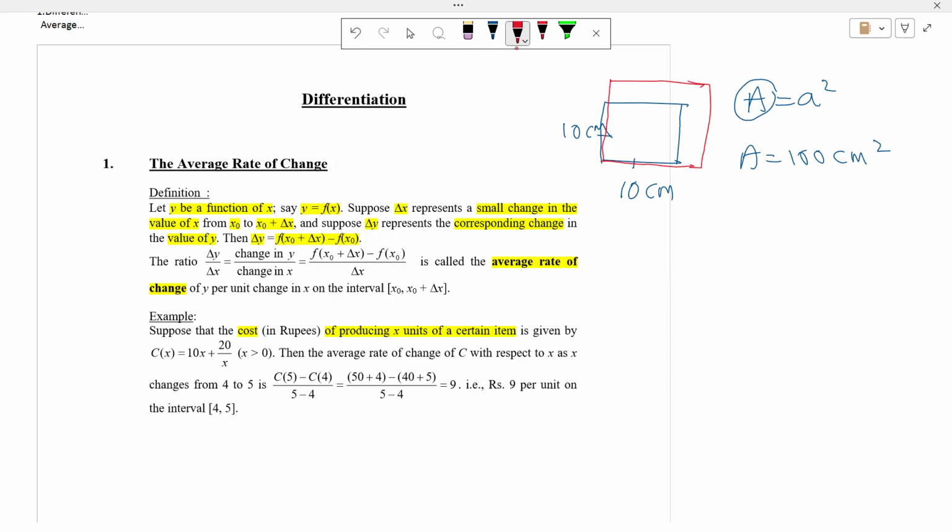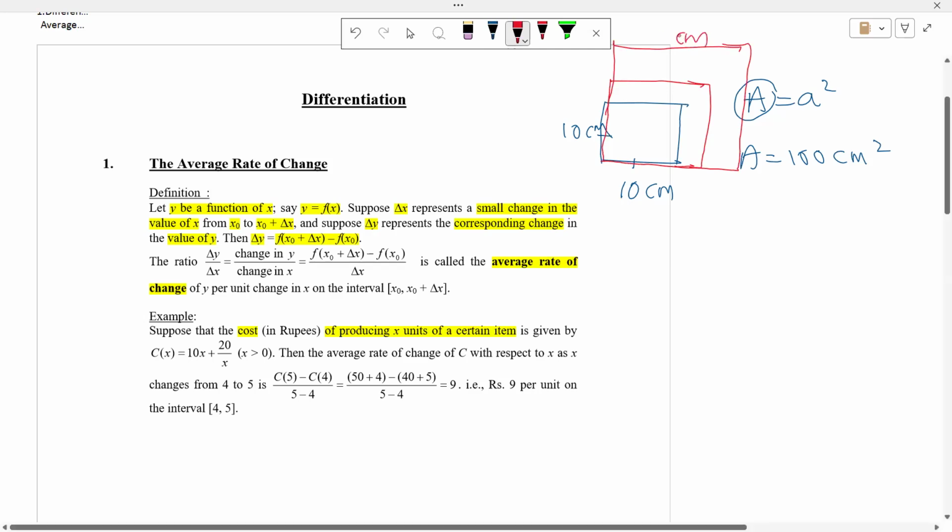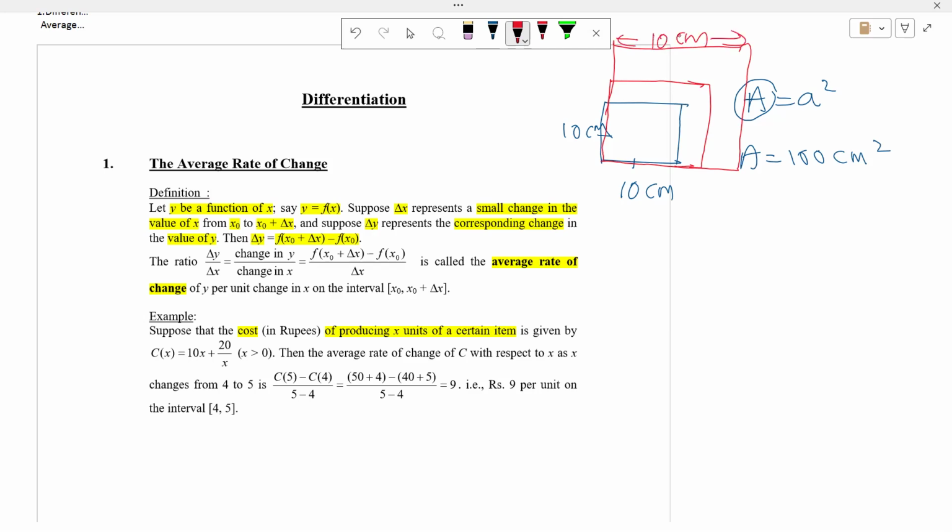Now just think, I can increase the length by 10 centimeters. Just imagine this is 10 centimeters for the length of one side. The previous area is A1, which is 100 square centimeters.